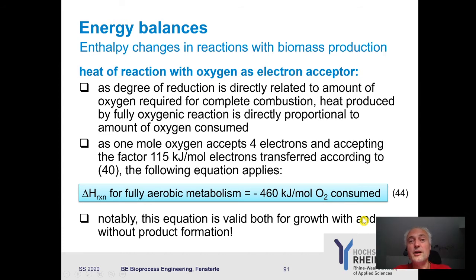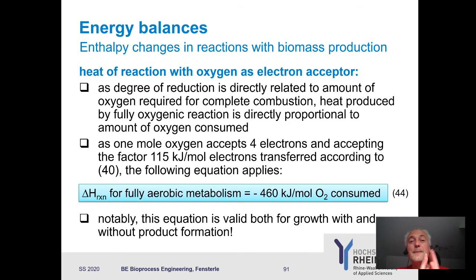And even more, if I have a reaction which is not yet balanced, so if I need to know the heat of reaction where I don't yet have the balance for all of the reactants or products which appear in this reaction, I don't need to do it. As soon as I know how much oxygen has been consumed, I'm fine. And this is very, very important. I have to look at the watch, otherwise I would have added some more.